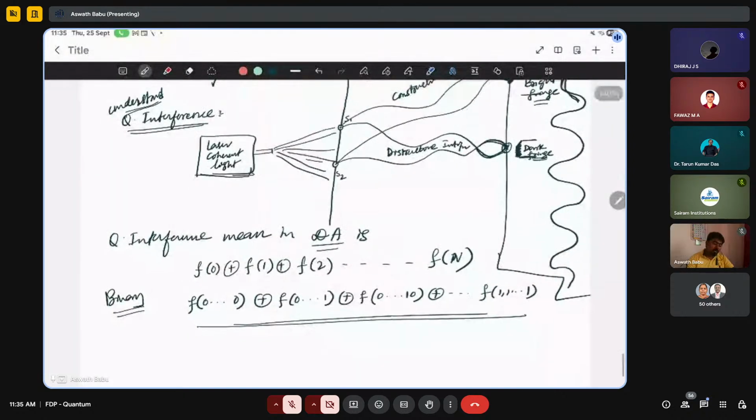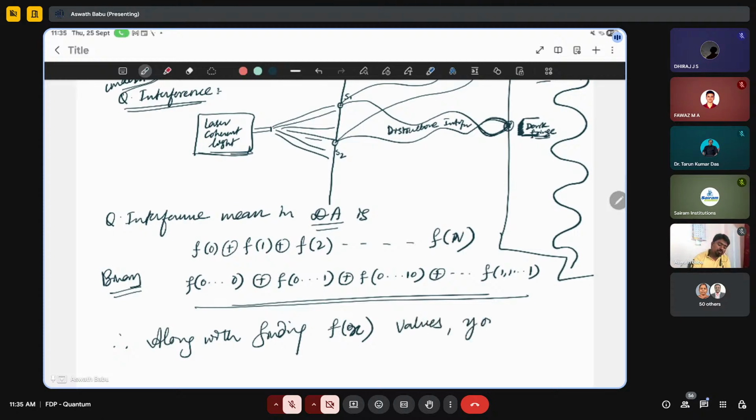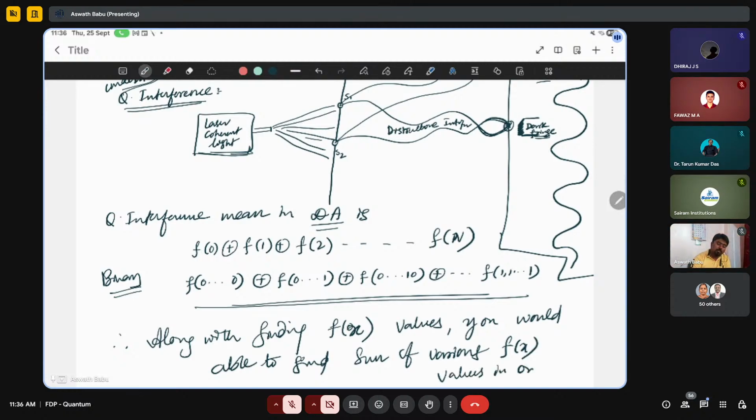Let me write down a conclusion now. Along with finding f of x functional values, you would also be able to find the sum of various f of x values in one shot.